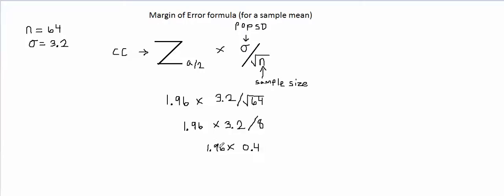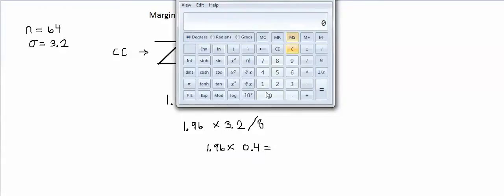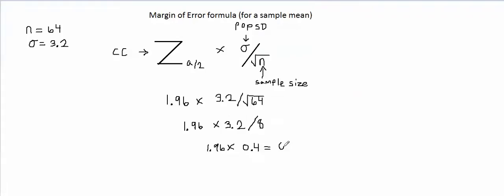We're going to multiply 1.96 by 0.4 to get our final answer. 1.96 times 0.4 is 0.78 if we round it to 2 places.